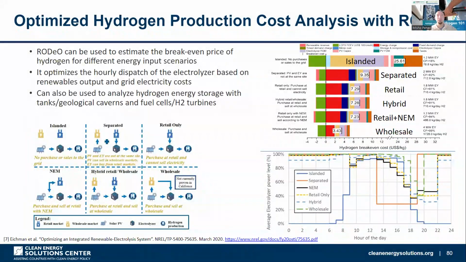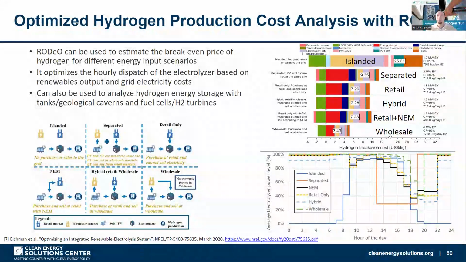So that's one scenario. Another scenario might be that you produce electrons and you sell them to the grid, and then separately you pay distribution expenses and you download those electrons from the grid. So this would be a separated scenario. There is a retail scenario where you purchase electrons under different rate structures that are available from the utility grid, and so on and so forth.